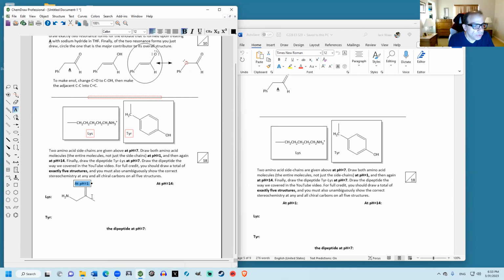At pH 1, the carboxylic acid will be protonated. It's below the pKa of about 2.5. The amino group is certainly protonated.